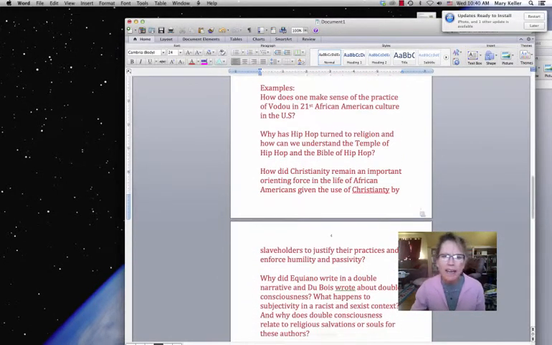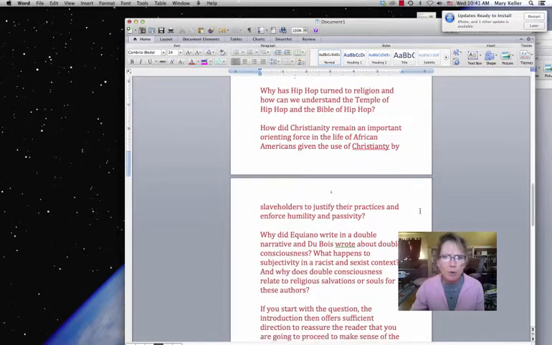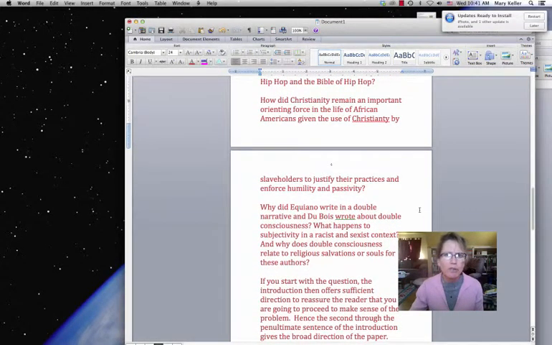All right, how did Christianity remain an important orienting force in the life of African Americans, given the use of Christianity? Oh, don't you hate that? I mean, I've even got that there. By slaveholders, given the use of Christianity by slaveholders to justify their practices and enforce humility and passivity. That's a good question.